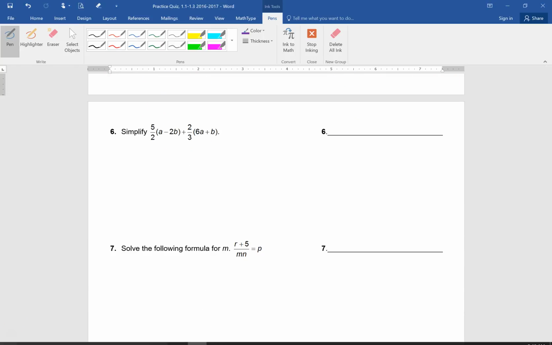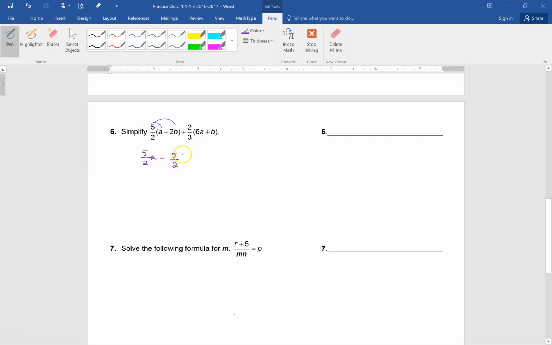This one is just simplifying, and we have fractions, but we're not going to let that scare us. So it's 5 over 2 times A minus 5 over 2 times 2B plus, now we distribute the 2/3, 2 over 3 times 6A plus 2 over 3 times B. Okay, so here I have 5 over 2A.